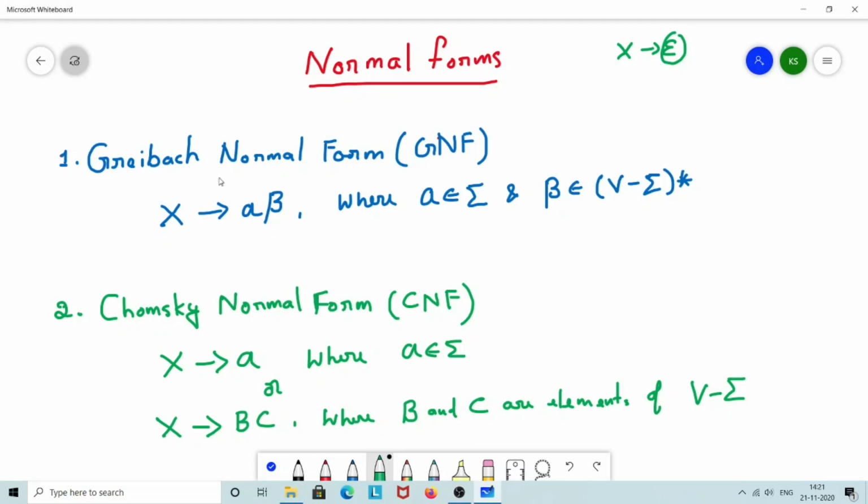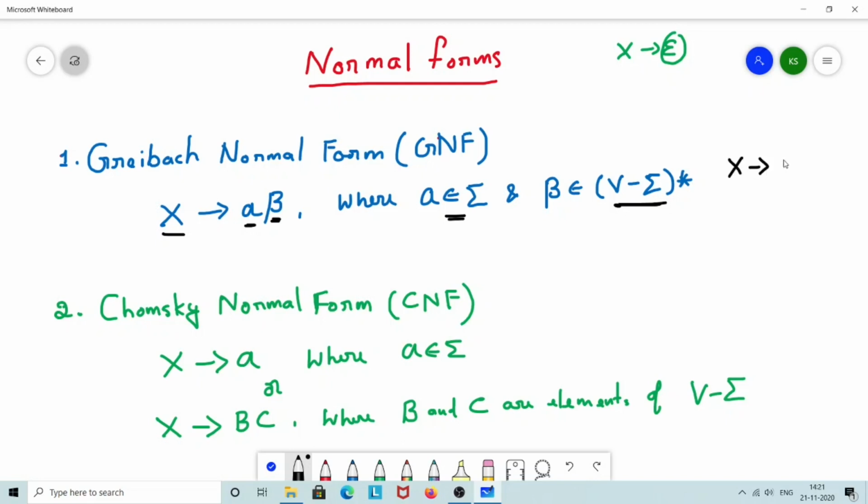One is Greibach normal form, also known as GNF, and this normal form requires the rules to be in this form: a non-terminal X giving a single terminal a, followed by zero or more occurrences of non-terminals. So V minus sigma star means zero or more occurrences of non-terminals. Any rule of this form.